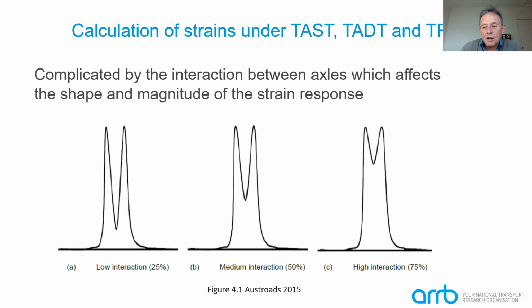So in the Ostrodes method, we decided that a simplified and conservative approach would be to neglect the fact that this interaction actually reduces the peak strains and just use the isolated axle values rather than the reduced values that result from the interaction.